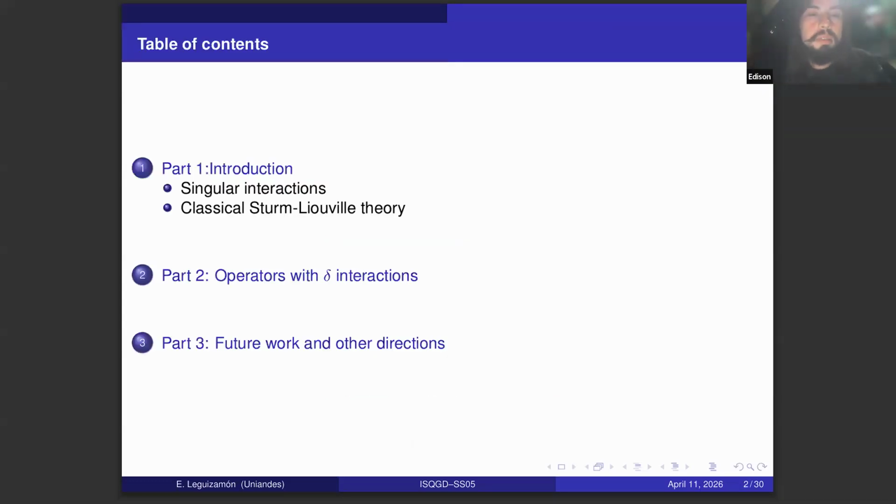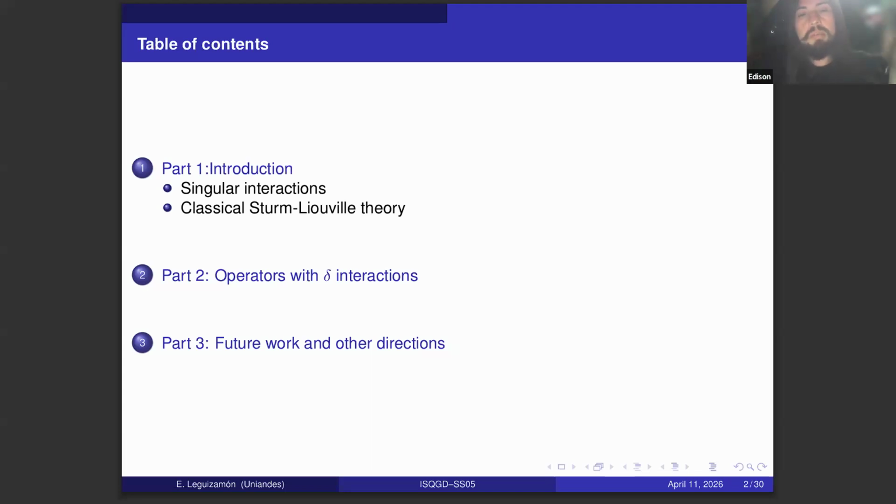I would like to divide the talk into parts. The first one, a big introduction, where I'm going to talk about the singular interactions. And after that, I would like to talk about the classical Sturm-Liouville theory, because I would like to do a parallelism between the classical Sturm-Liouville theory and what happens with the delta interactions.